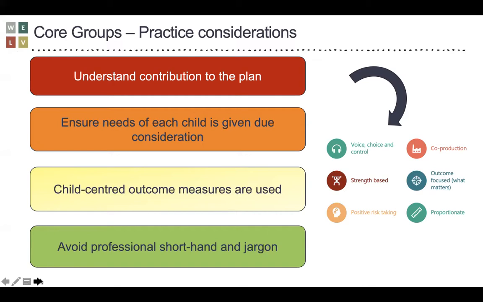That child-centred outcome measures are used, not service-focused achievements. Professional shorthand and jargon must be avoided in order for the family and the child to understand the contents, the expectations, the contributions to the plan. And once again, we start to see the principles of the Social Services and Wellbeing Act being echoed.